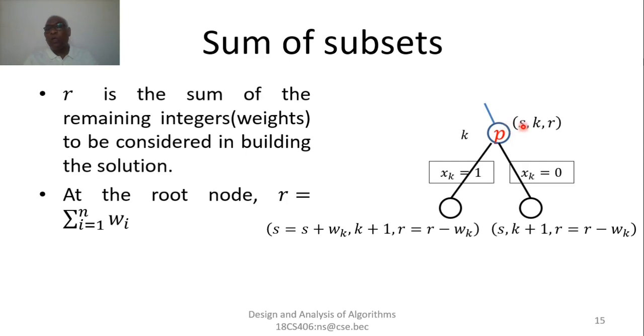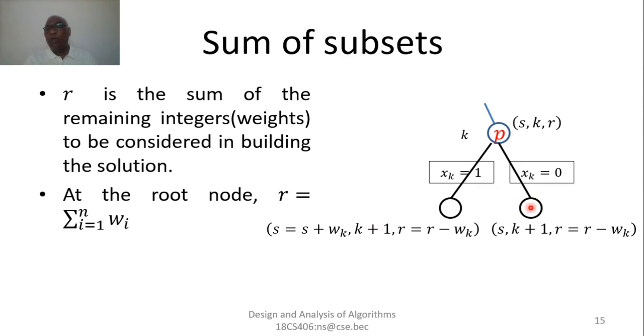So if you look at this graphic, all things should be made clear. At this node, the three-tuple is S, k, R. Now this node has two children defined by xk equal to 1 and xk equal to 0. At the child defined by xk equal to 1, S becomes S plus wk, R becomes R minus wk, and of course the level is incremented by 1.